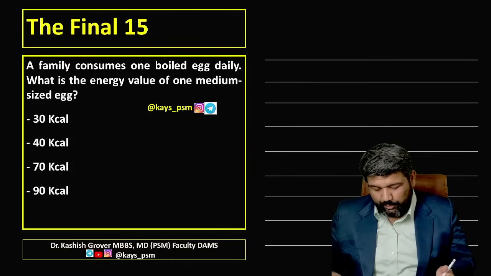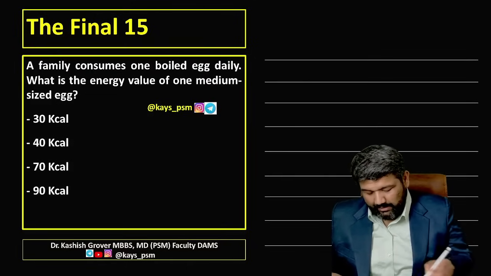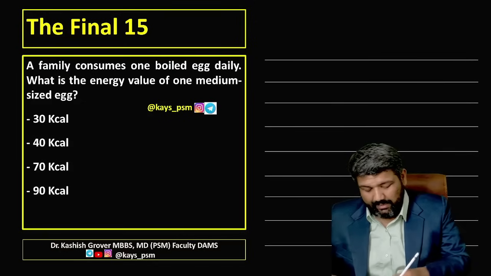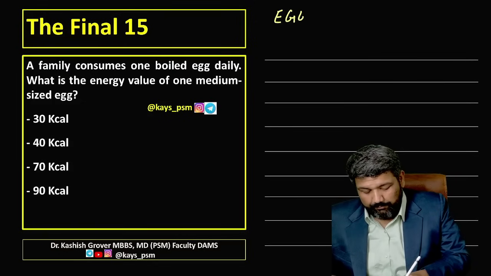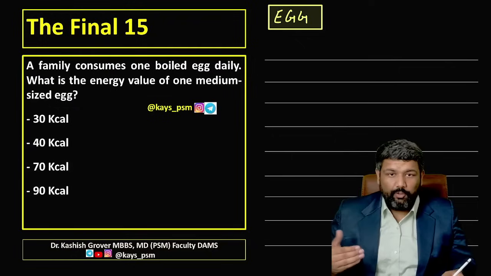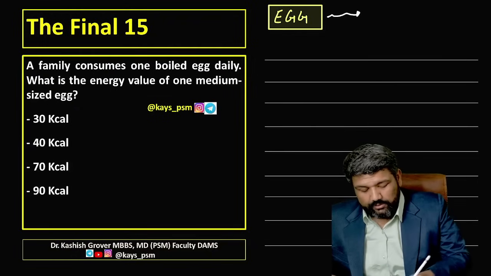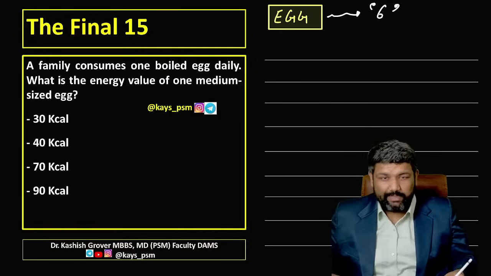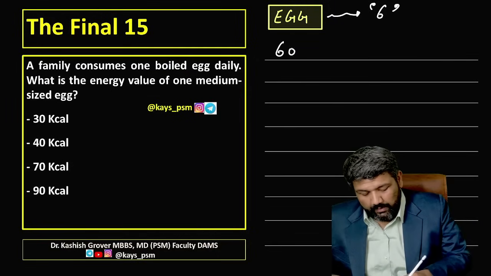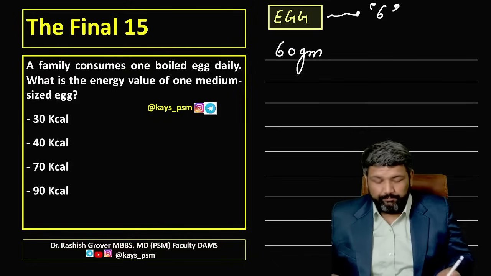A family is consuming one boiled egg daily. What is the energy value for one medium-sized egg? Guys, egg follows something related to 6. I have told this in my class. Egg is related to 6. How? One egg is 60 gram.